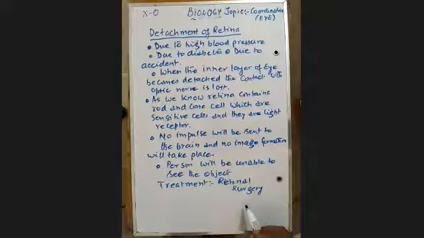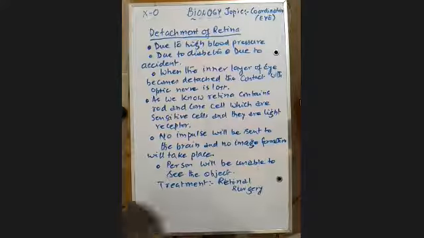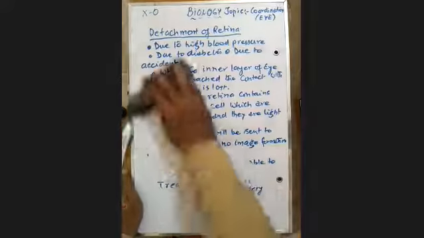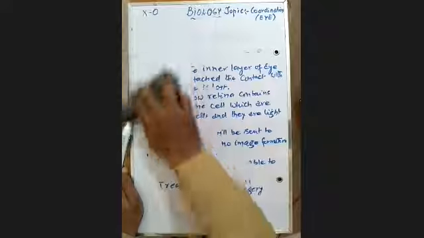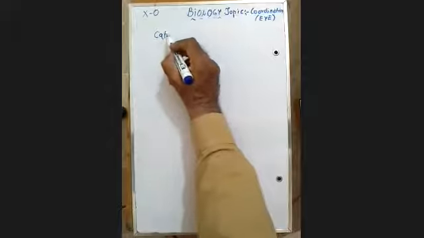Now there is another disease which is called cataract. After that, we will end the lecture. So, cataract. An exam question came that in old age, a cloudy appearance appears on the lens: the cataract.